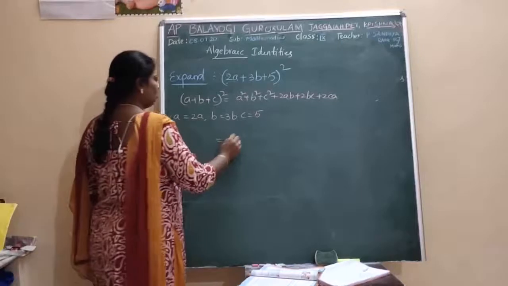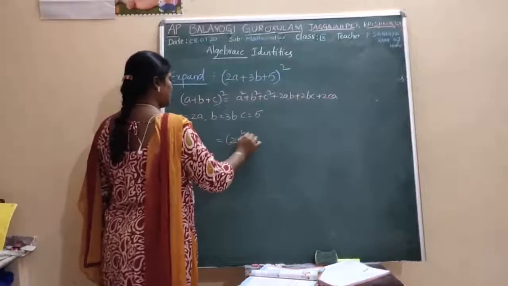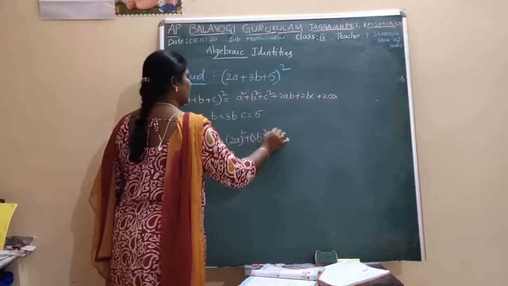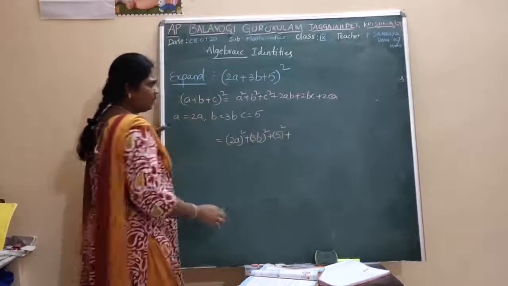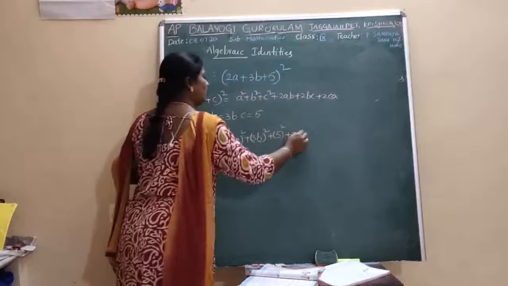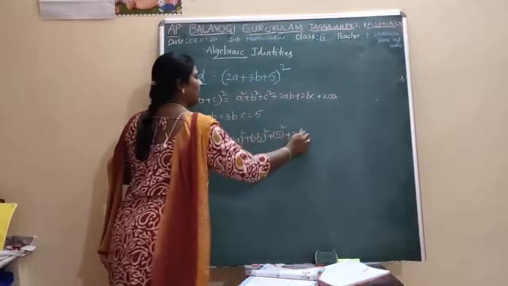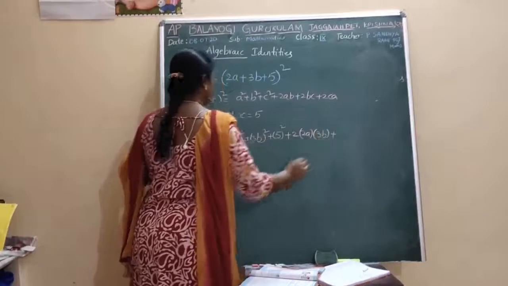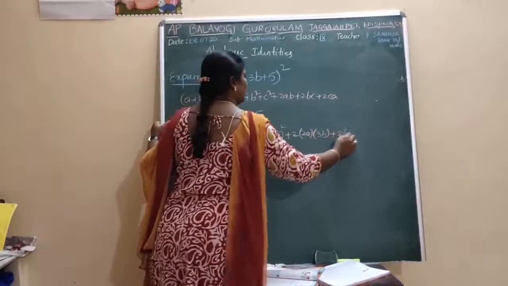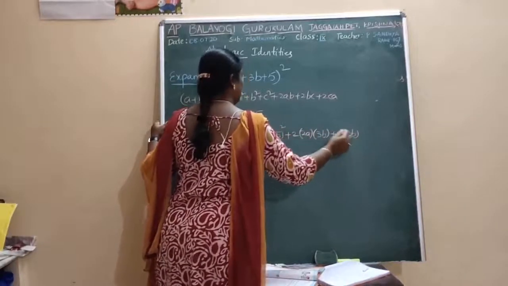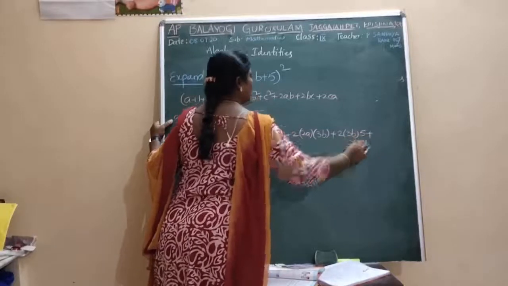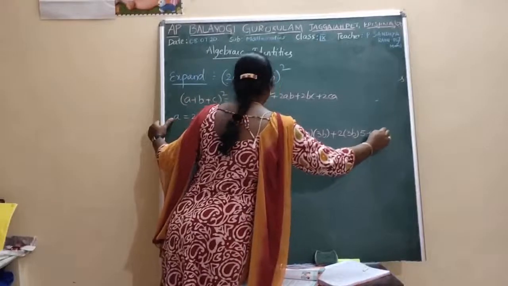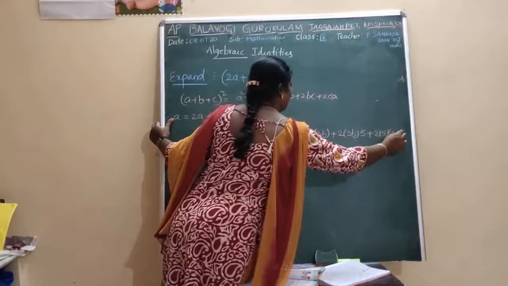That is 2a whole square plus 3b whole square plus 5 square plus again 2ab, no? That is 2 into 2a and 3b, plus 2bc, that is 2 into 3b into 5, plus 2ca is 2 into 5 into 2a.